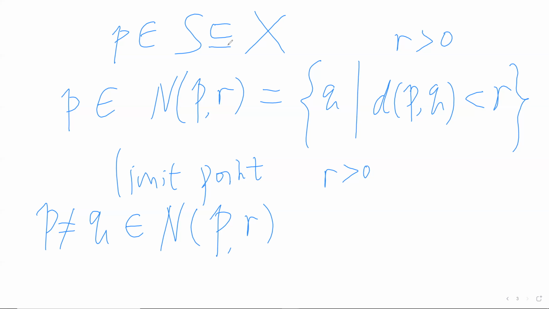Suppose for a point P in a metric space, the neighborhood always contains at least one element from a set S, and that element is not P itself, then P is called a limit point for that set S. Otherwise, if it is not a limit point for the set S, then it is an isolated point.